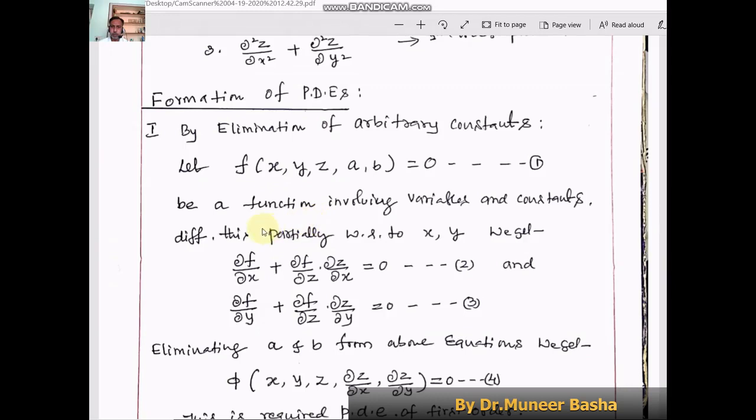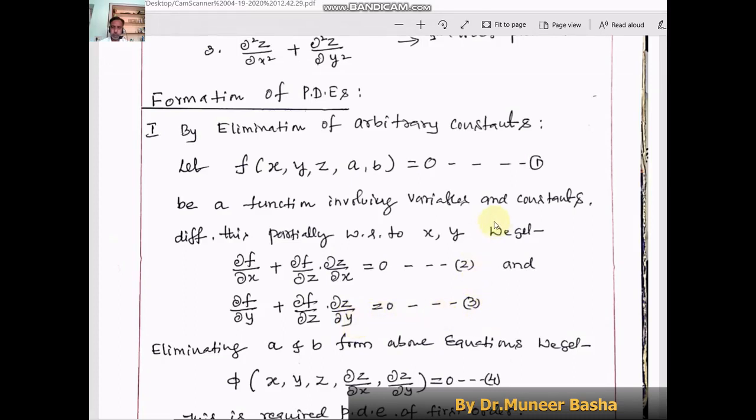Now let us differentiate this function with respect to x once, that is ∂f/∂x + ∂f/∂z · ∂z/∂x = 0. Again differentiate with respect to y, ∂f/∂y + ∂f/∂z · ∂z/∂y = 0.